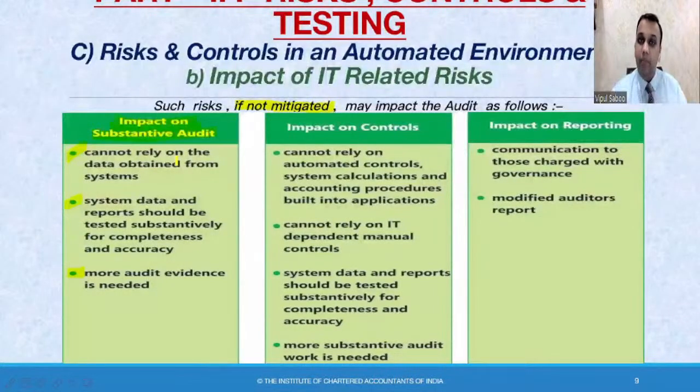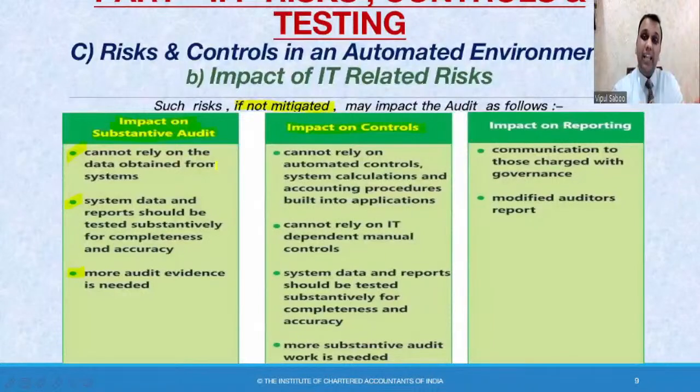And again, my audit programs get edited, my work gets increased, and I need more audit evidence to substantiate my opinion. So if risk is not mitigated, my audit gets impacted, and this is the work in my audit which gets increased. The first effect is on my audit as an auditor. The second effect is on the controls.